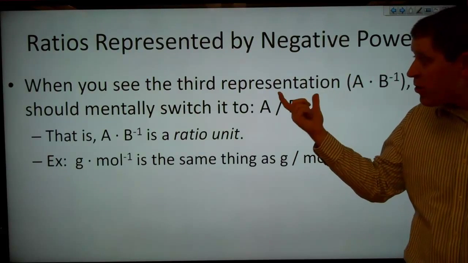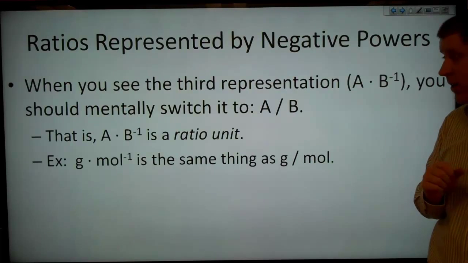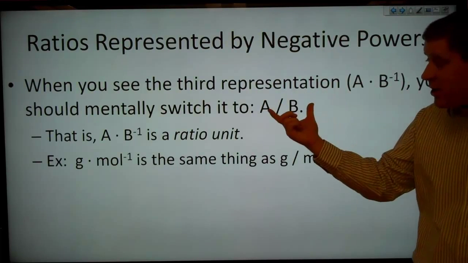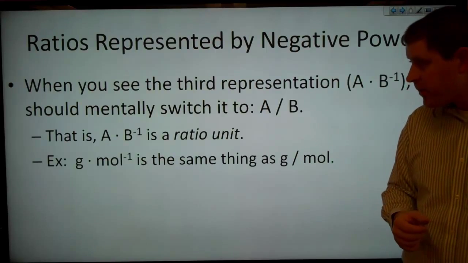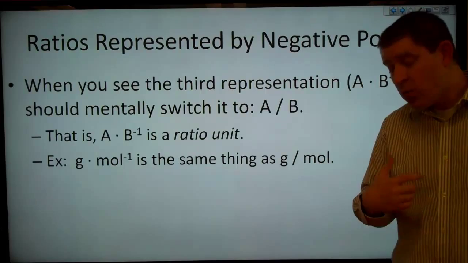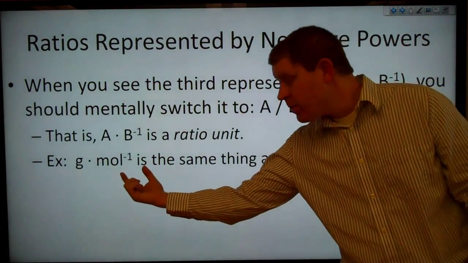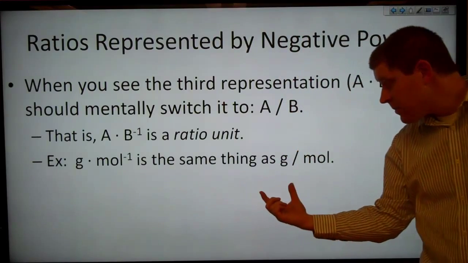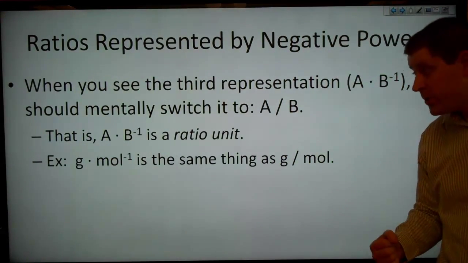And when you see that third representation, that A times B to the power of -1, then you should mentally switch it to A over B, or A/B. That is, that A times B to the -1 is a ratio unit. For example, grams times moles to the -1 is the same thing as grams per mole, or grams over moles.